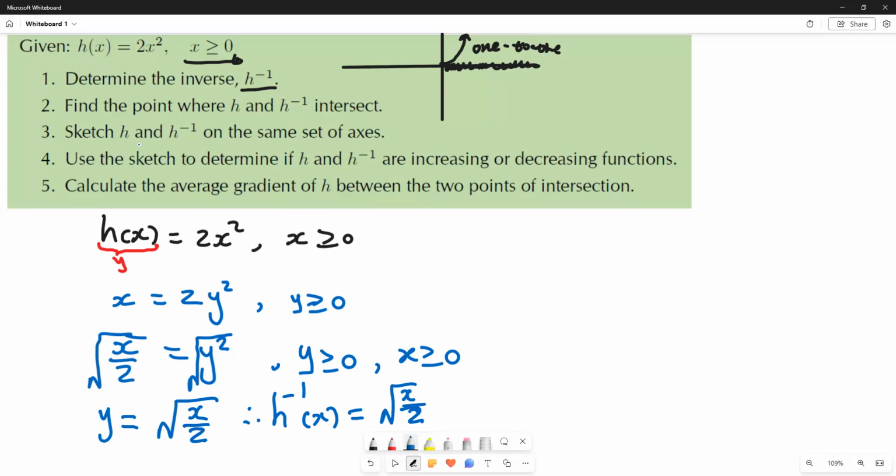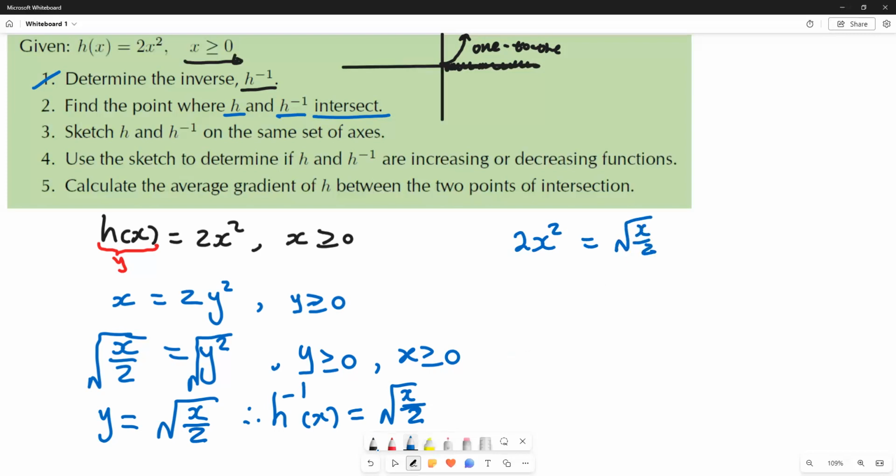Now we have found the inverse of h. We have answered number 1. Number 2, they want us to find the point where this graph and that graph intersect. Remember, for the point of intersection, you equate the two graphs, right? You make them equal, because where they intersect, the two graphs share a common point. It means the two graphs are equal. So I'm going to say 2x squared equals the square root of x over 2. Then I'm trying to solve for x.